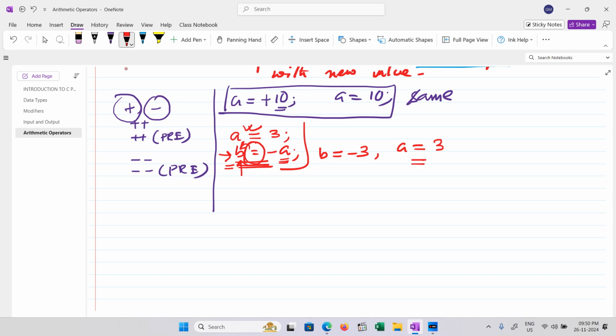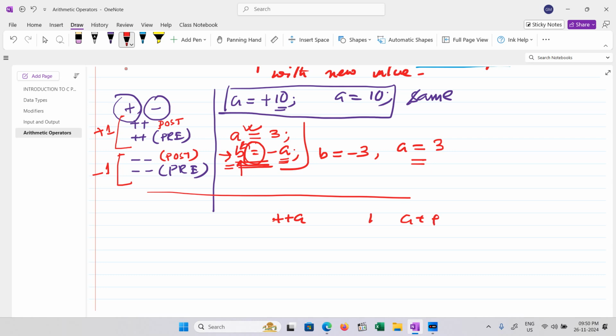Now in case of increment, there are two, one is post-increment, another is pre-increment. Both will update the value of the operand by 1, and in case of pre or post decrement, both will decrement the value of the operand by 1. But there is a small twist when we apply pre or post increment along with the assignment operator, then their meaning is totally changed.